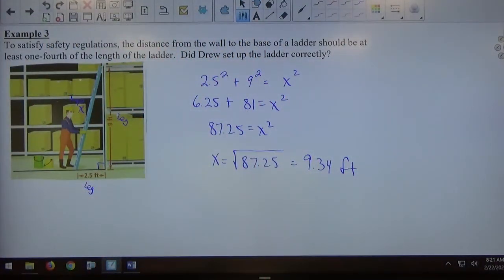Now the question is not asking for the length of the ladder, the question is asking if this is set up properly, and the requirement is that the distance from the base of the wall to the ladder needs to be at least 1/4 of the length of the ladder.